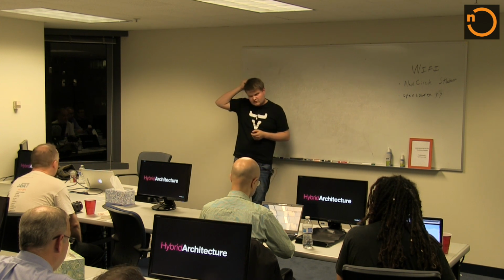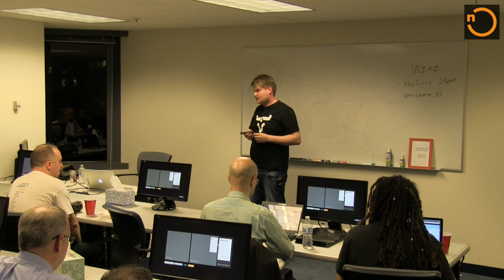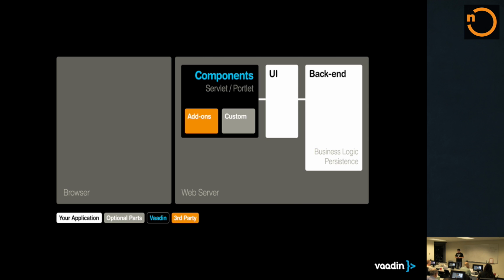So let's take a look at the architectural point of view for a Vaadin application. You always have this server-side user interface running on a web server and some kind of backend server. Or you might be running these in the same server as well, or same JVM, if you will. You are basically composing your UI out of ready-made UI components that are plain old Java classes, like buttons and trees and so forth.